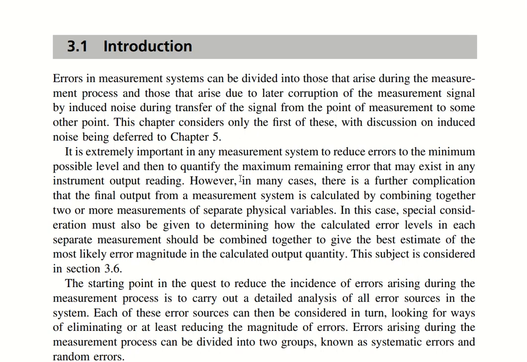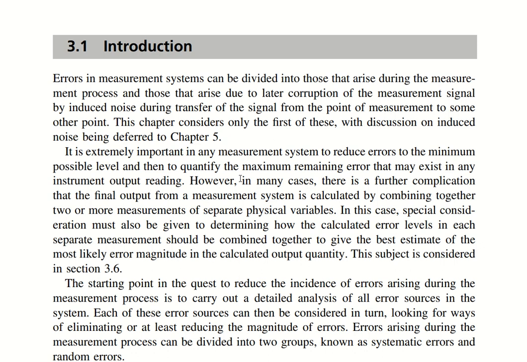So first, the term error. What do you call an error? Not in general terms or in physical or philosophical terms, but in measurement, what do you call error? Error in the measurement system can be divided into those that arise during the measurement process and those that arise due to later corruption of the measurement signal by some noise during the transfer of the signal from the point of measurement to some other point.